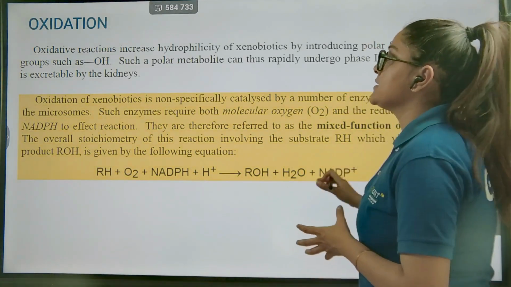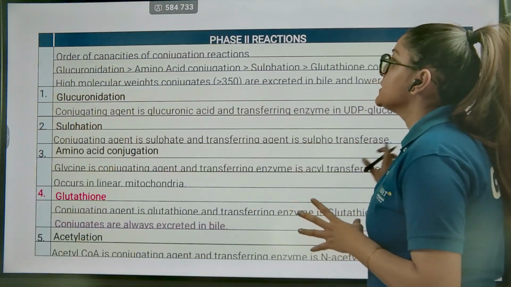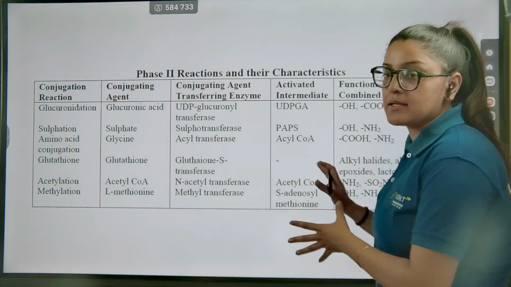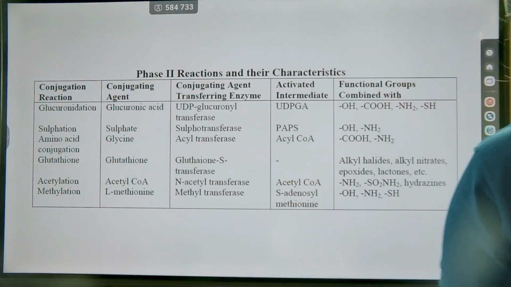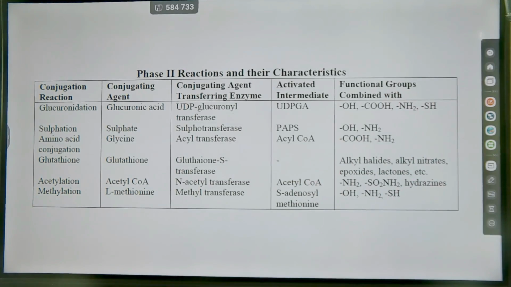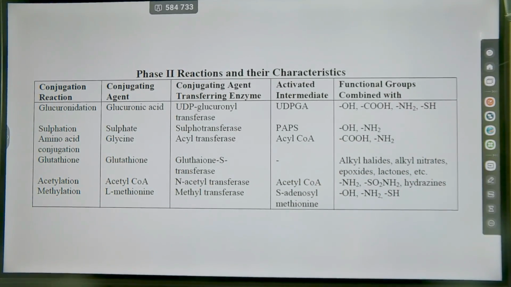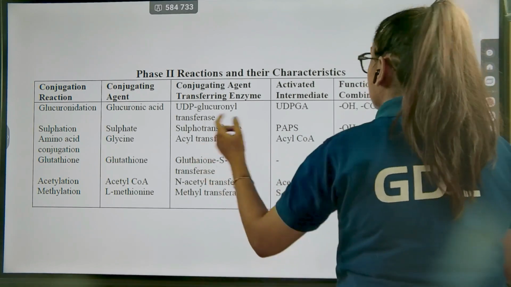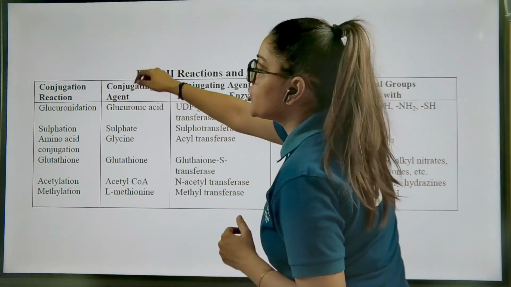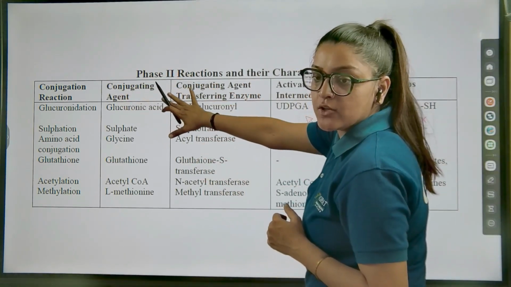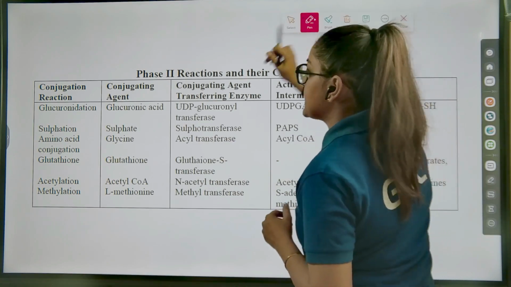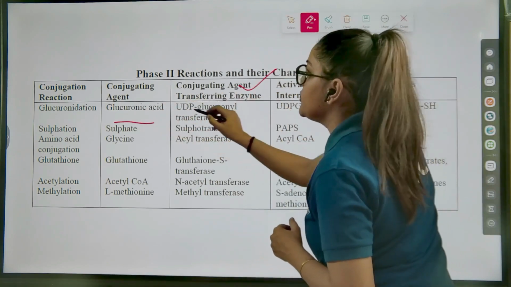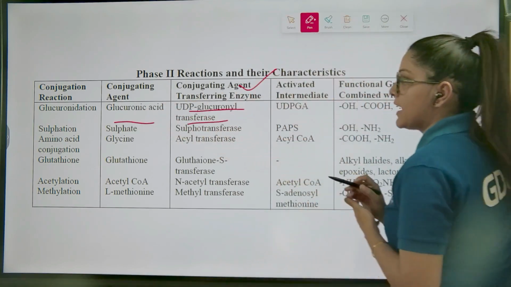So in these phases, yes, these are phase 1, phase 2 reactions, but this is the major slide where we need to focus. As I mentioned, in the phase 2 reactions we are going to let them bind to a conjugating agent. For example, you can see in the first reaction, which is glucuronidation, we have a conjugating agent known as glucuronic acid using the enzyme UDP glucuronyl transferase.